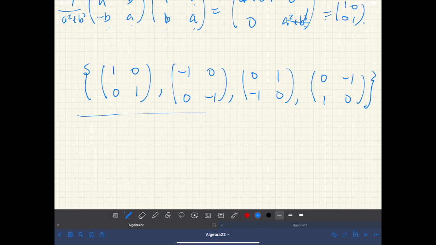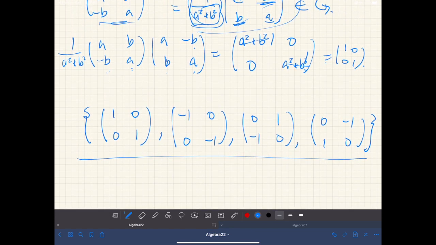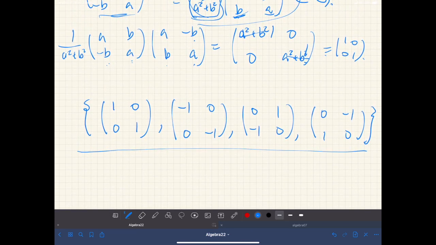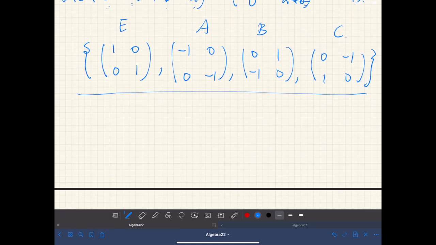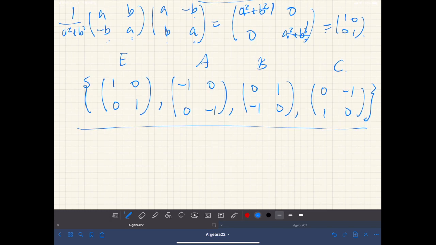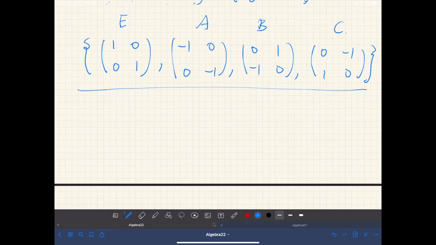So this is a subgroup of G. Let's call these E, A, B, C. To see this is indeed a subgroup of G, we just construct the Cayley table.